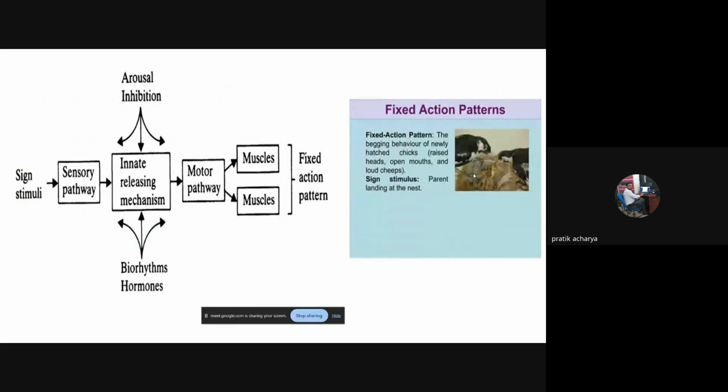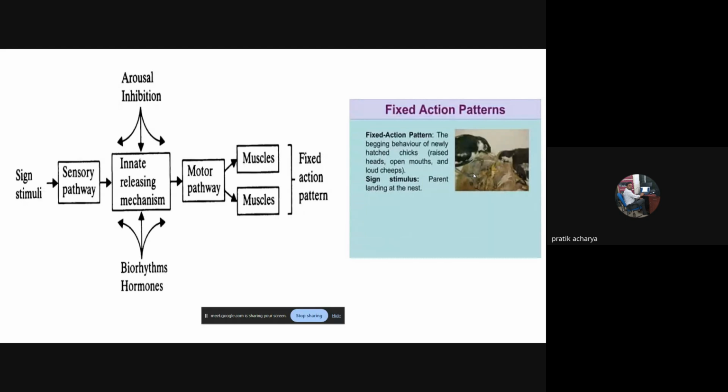This is the neural conduction of fixed action pattern. Here, the pictorial presentation of fixed action pattern is the begging behavior of a newly hatched chick. When we are talking about the cuckoo, the begging behavior is generated by this chick.